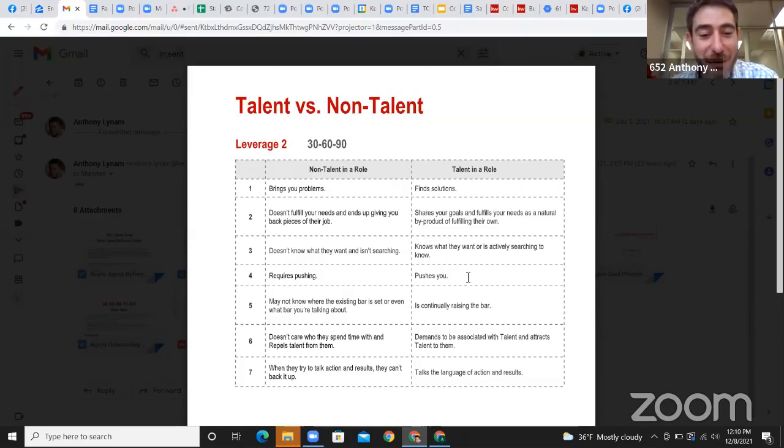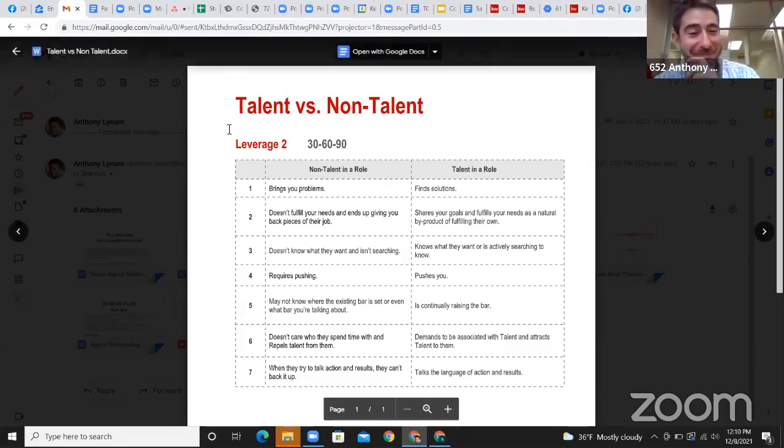Yeah. Non-talent in a role may not know where the existing bar is set or even what bar you're talking about. I feel like that's your fault as a leader when somebody doesn't know where that bar is.